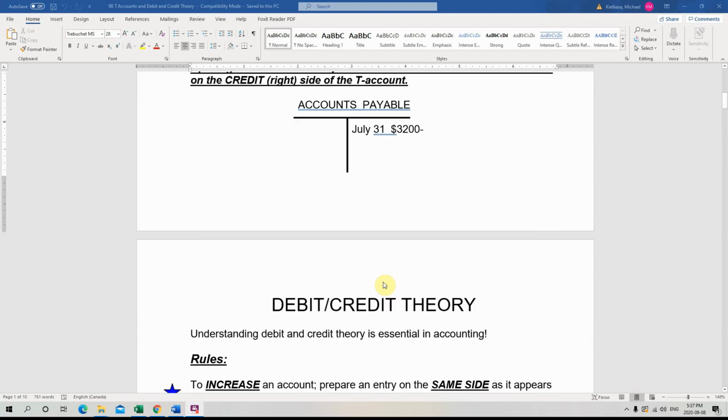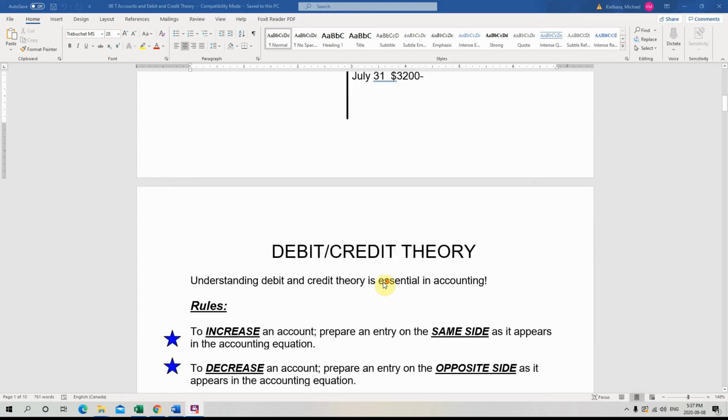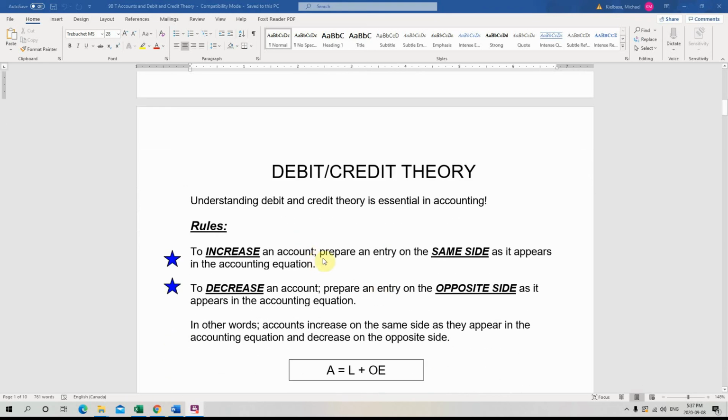Now, the most important thing in accounting is understanding debit and credit theory. The rule is that to increase an account, prepare an entry on the same side as it appears in the accounting equation. So here's our basic accounting equation.